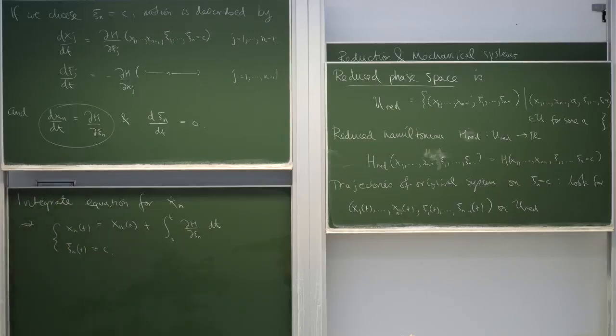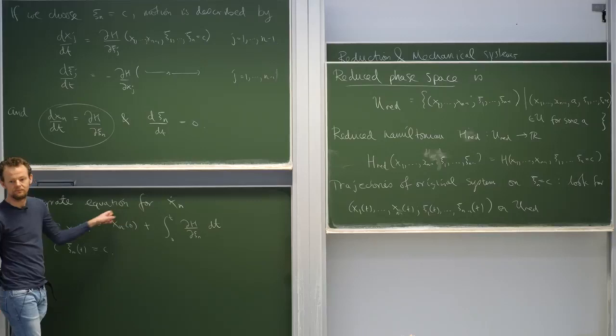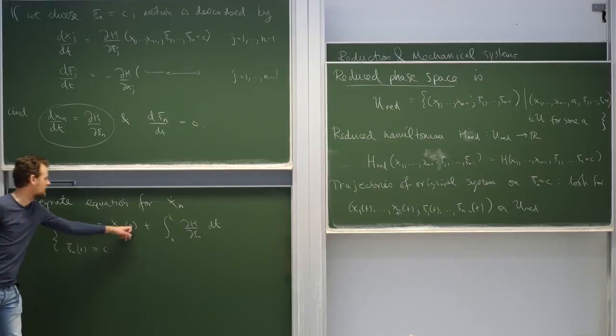And that'll give you the remaining dependence on the variables xn and psi n. And this carries all the information about the orbit under F. This undetermined constant here.